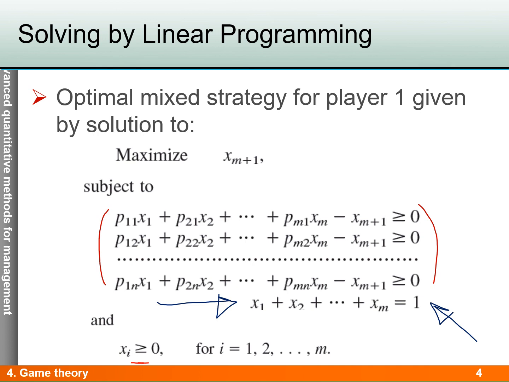To formulate these elements, we have greater than or equal, exactly the same item that we had in the previous slide. To formulate these elements, I repeat, this P11 is the coincidence of strategy 1 of player 1 and strategy 1 of player 2. This P21 is the coincidence of strategy 2 of player 1 and strategy 1 of player 2, up to here.